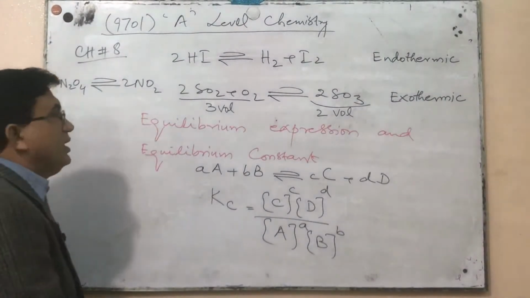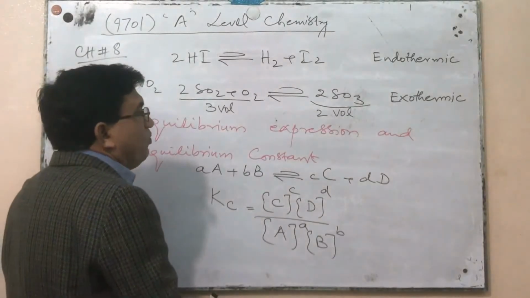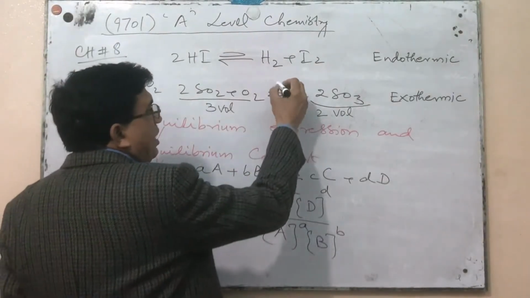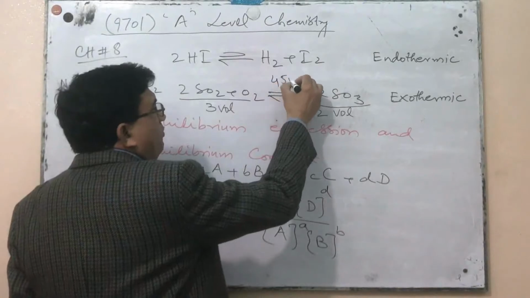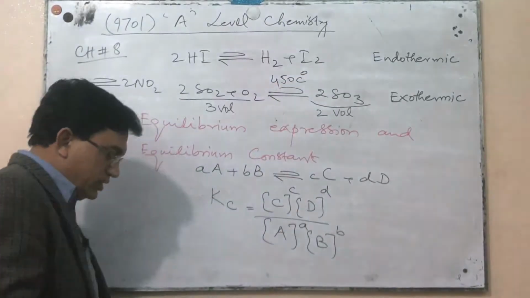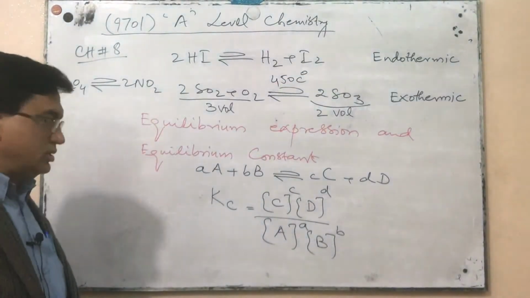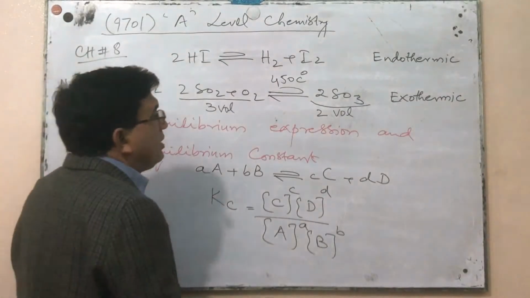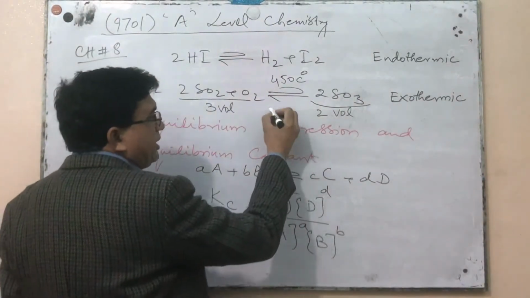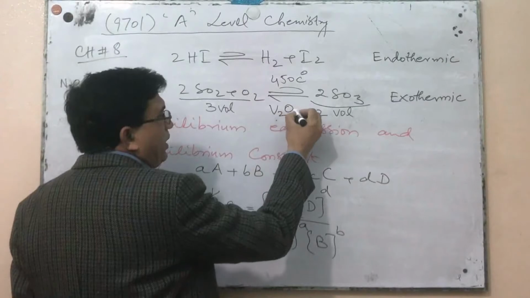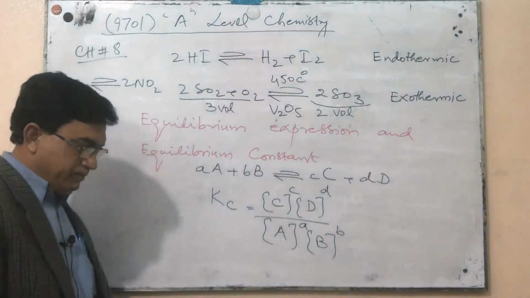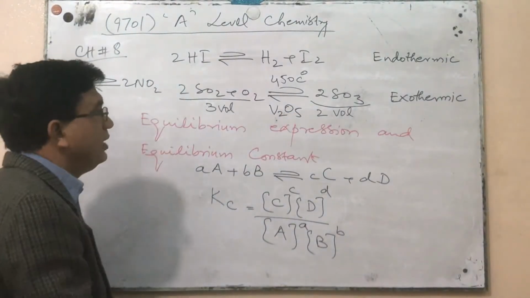But still, in industry, we compromise this situation and we maintain a 450 degrees centigrade temperature for this reaction. Why? This is because the catalyst used is V2O5, vanadium pentoxide, vanadium 5 oxide.